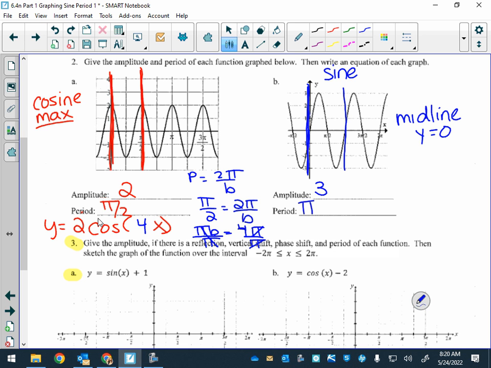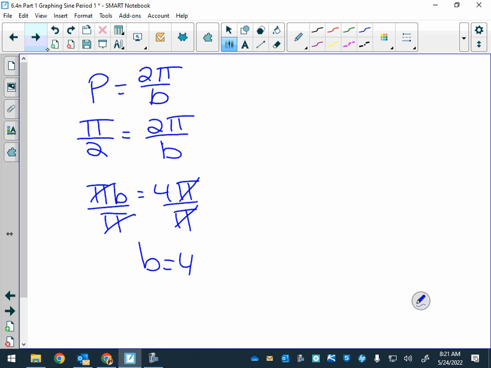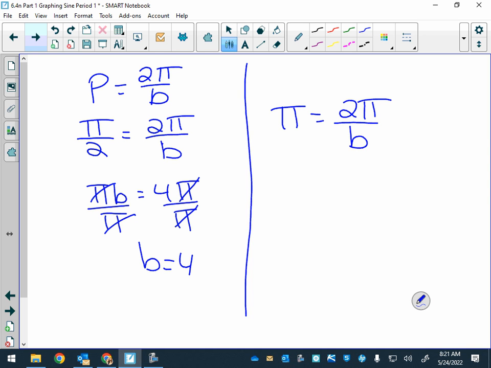Go ahead, Mia. Y equals 3 sine, and then x. Excellent. Y equals 3 sine of 2x. How many of you got that? Yeah, Hannah. I'd have to set it over. So it's pi equals 2 pi over b.